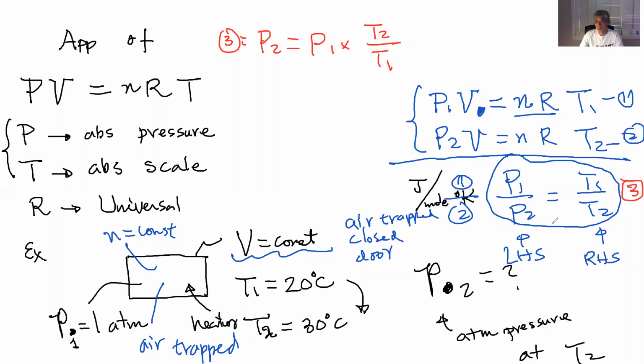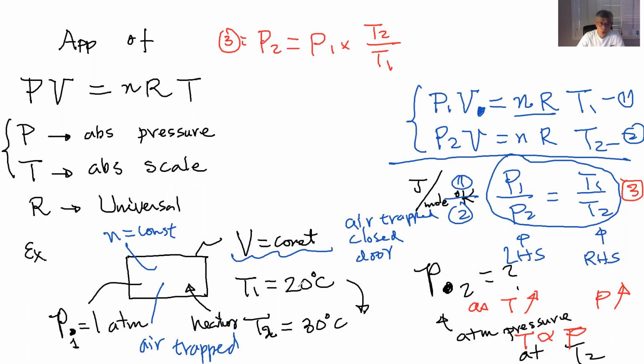As temperature goes up, pressure goes up, so they are linearly proportional. That's what this equation says. T2 is larger than T1, so P2 will be larger than P1.